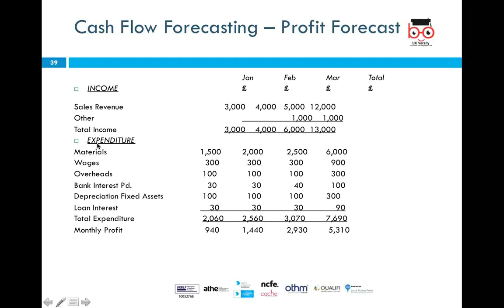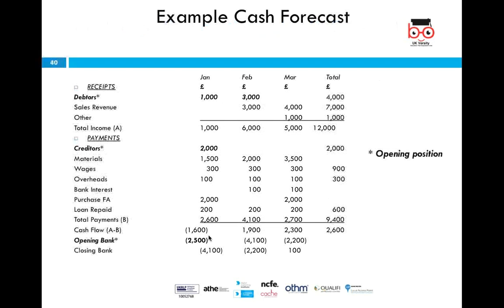So for example, if you have income and if you have expenditure, when you add all incomes and deduct all the expenditure from the income, then you have the monthly profit, and then it affects the cash flow. So when you have all receipts and all payments, that's your cash flow.